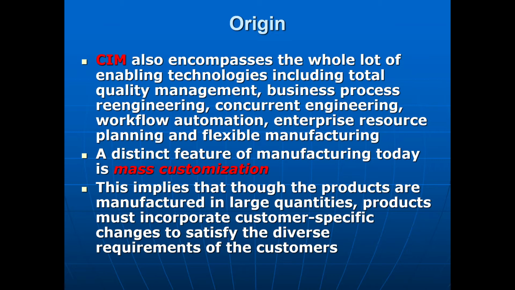And the product must incorporate customer specification changes, if they have some requirement for a specific change, to satisfy the diverse requirements of the customers. So we can easily change to new models, new requirements from customers.